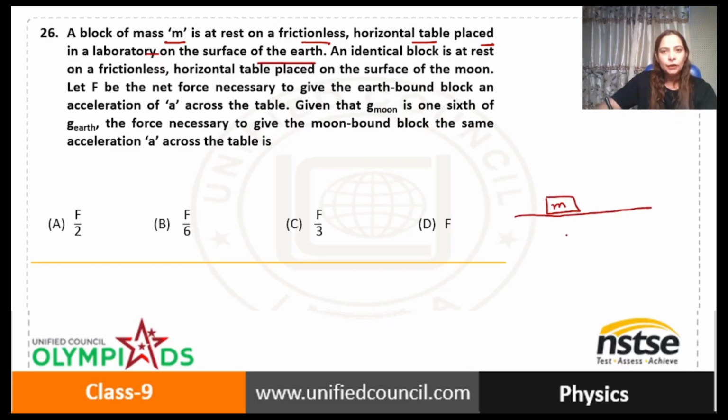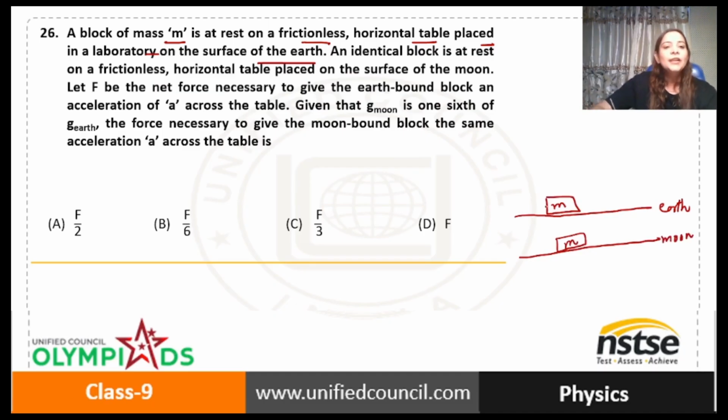Let's say this is a horizontal table placed in the lab, and this table is placed on earth. An identical block, the same block of same everything, is placed at rest on a frictionless horizontal table, and it is placed on the surface of the moon.